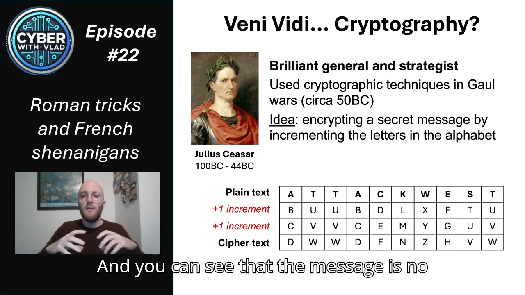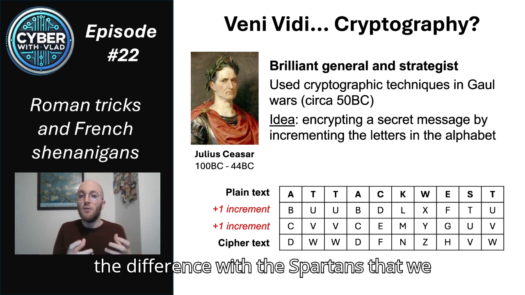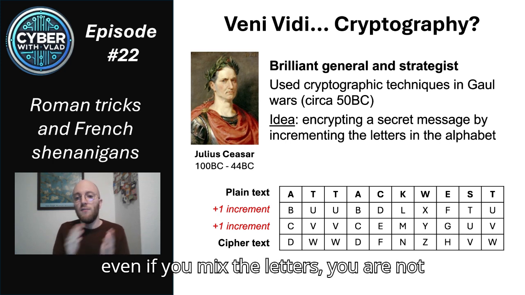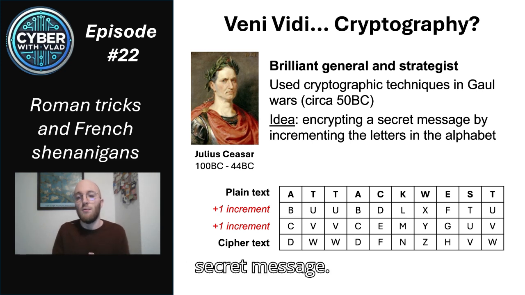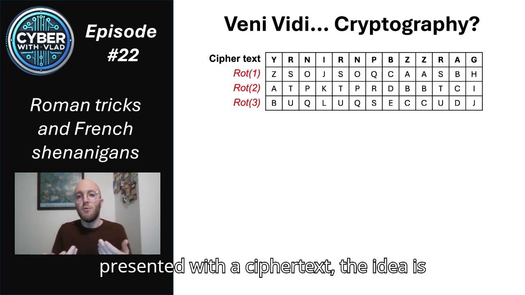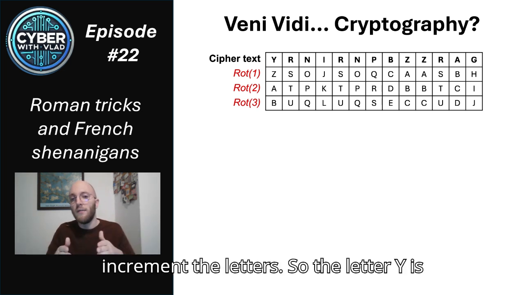You can see that the message is no longer recognizable. That's really the difference with the Spartans that we discussed in the previous episode. Here, even if you mix the letters, you're not going to be able to easily recompose the secret message. The other way around, if you are presented with a ciphertext, the idea is the same. You are going to do what we call rotations, where you increment the letters.